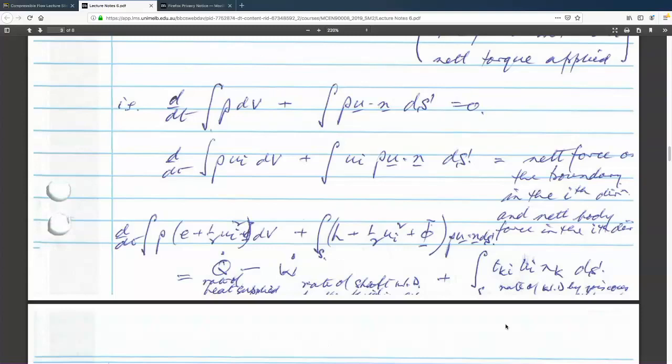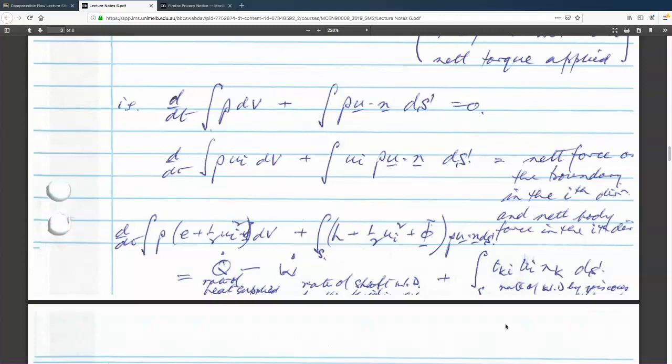Here's the mass flux, and here is its velocity ui across the surface, dS, integrated over that. And that's equal to the net force on the boundary in the ith direction, and the net body force in the ith direction, because this is the ith component of momentum.